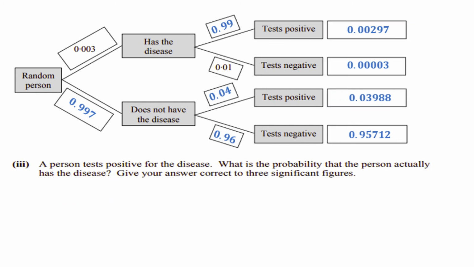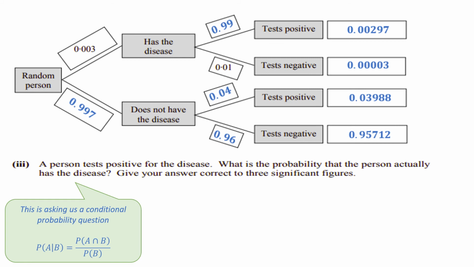Part 3 then says a person tests positive for the disease. What is the probability that the person actually has the disease? Give your answer correct to 3 significant figures. Okay, so you can work this a few different ways, but I'm going to work here with conditional probability. That is, the probability of A given B is the probability of A intersection B, or A and B, over the probability of B. So I'm going to structure this as the probability that a person has the disease given they've tested positive.